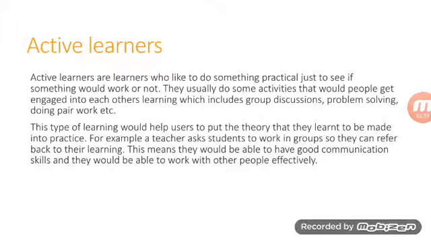They engage each other through learning by having group discussions, problem solving, and doing pair work. So this type of learning can help users put the theory that they learn into practice. For example, a teacher could ask their students to work in groups so they can refer back to their learning. This means that they will be able to have good communication skills, and they will be able to work with other people effectively.